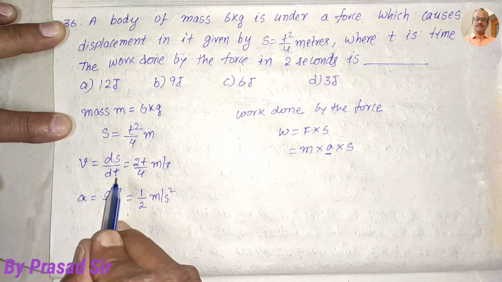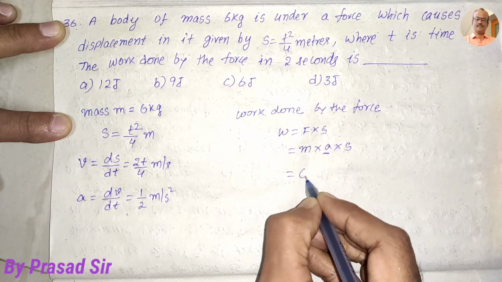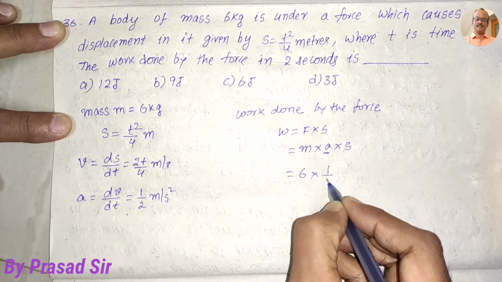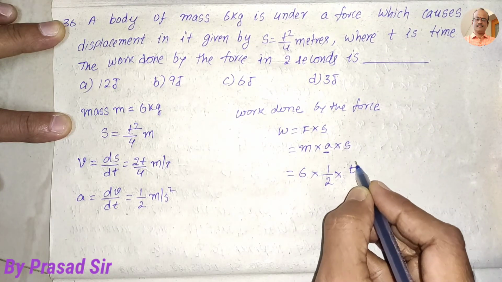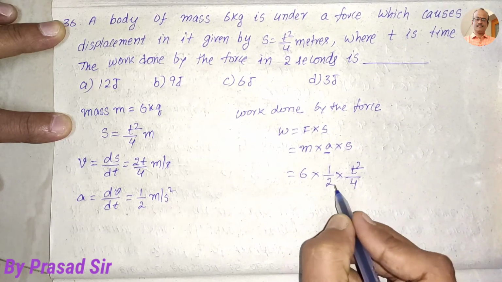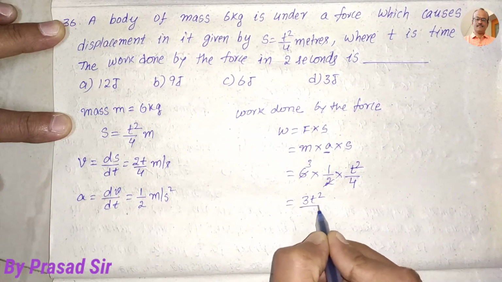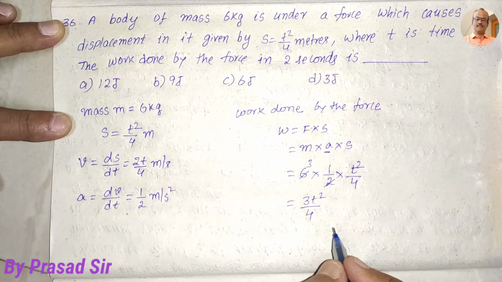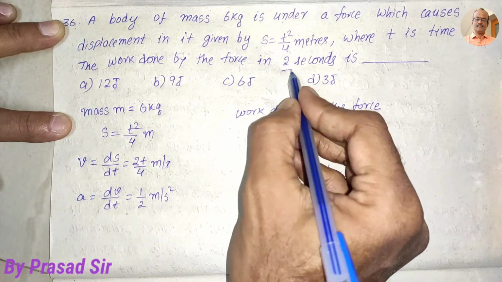Here work done, that is mass how much? 6. Acceleration how much? 1 by 2. Displacement how much? That is t² divided by 4. So here 6 times 1 by 2, 3 times. 3t² by 4. But which one do we want to calculate here? Work done by the force in 2 seconds.